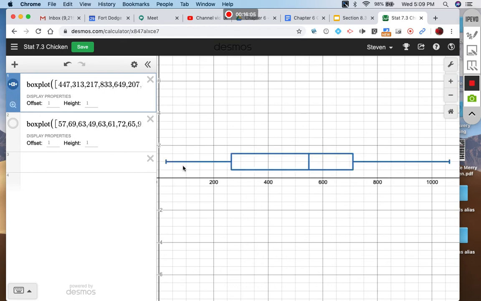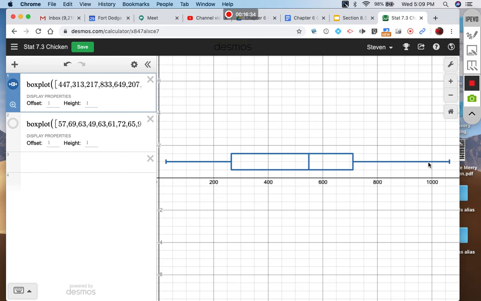But I've already reset my scale to go up a little past 1,000 because my biggest number was, I think, 1,040 something. And if we look at this, my whiskers are about the same as the interquartile range. So there's no outliers.